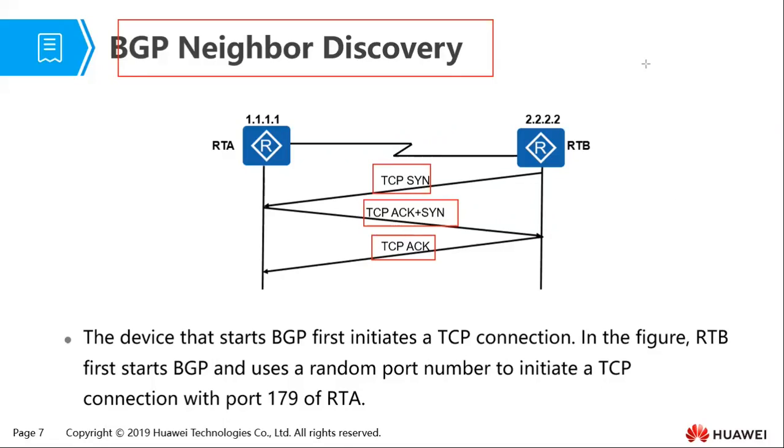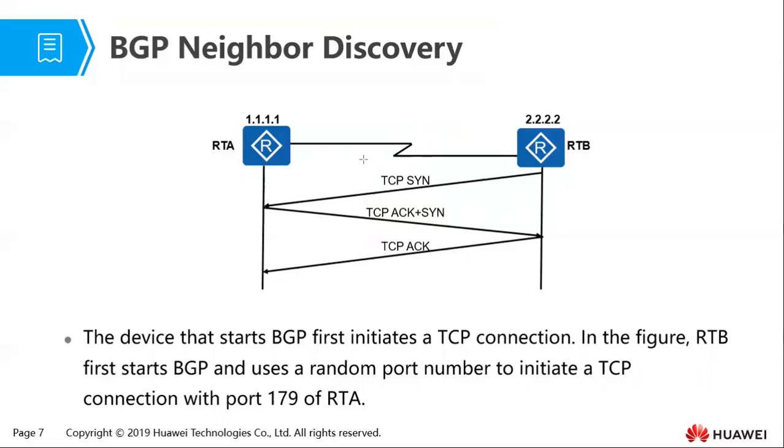I've explained that the reason we are using TCP is to ensure reliability, because the interconnection between autonomous systems most of the time uses links that are unpredictable, and sometimes they can go down due to either link congestion or physical problems, and they can lead to packet loss. So we don't want to share routes to a router that is not up. That's why we have to ensure that we've connected through TCP.